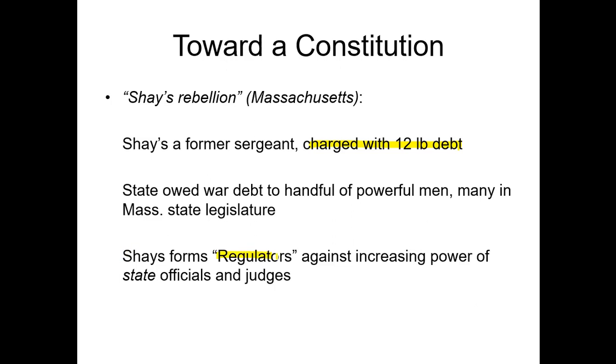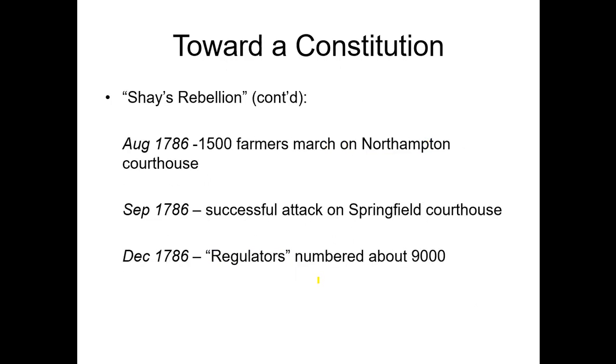He formed a band of veteran farmers and other sympathizers called the Regulators to push back against the increasing power of the state officials and state judges. As you can see, it was getting fairly critical that something was going to have to occur to try to get all the states back together.